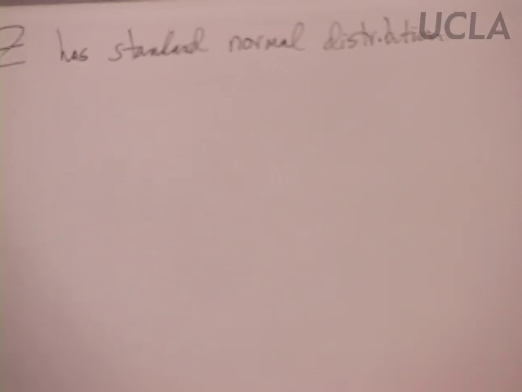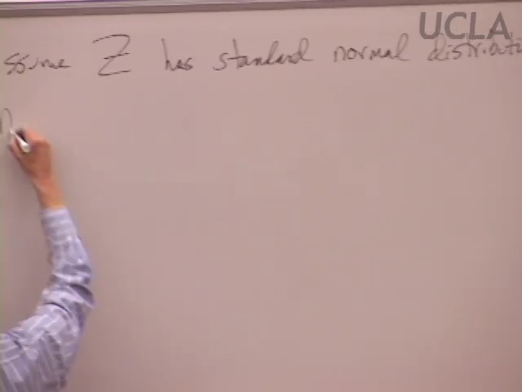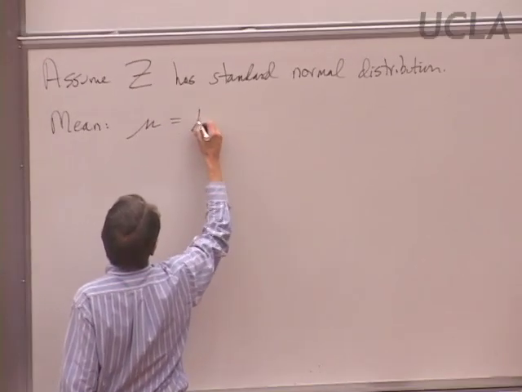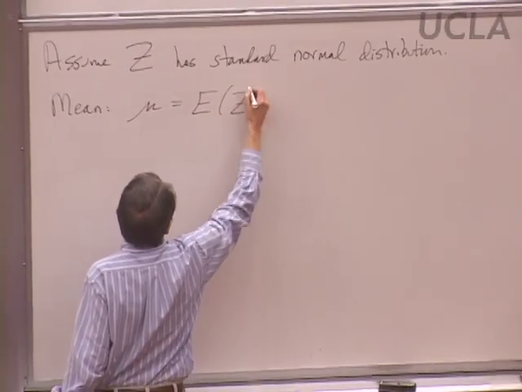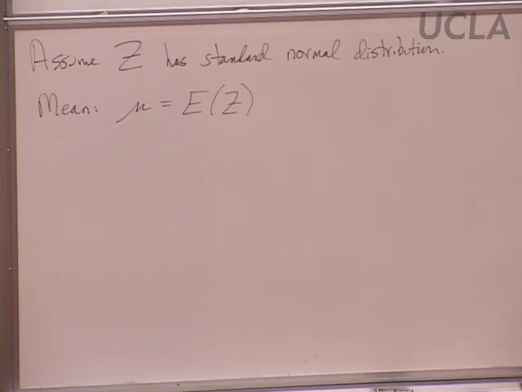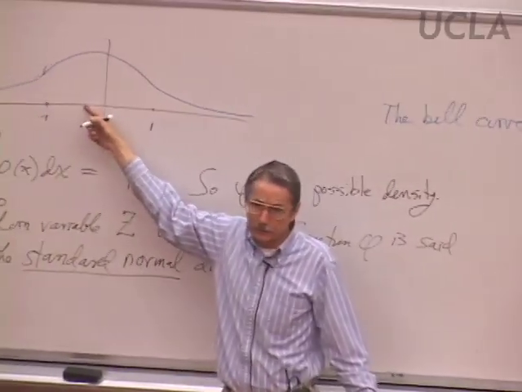Its mean, call it mu, or the expected value of z. Well, just from the picture, we figure the mean's got to be 0 by the symmetry.